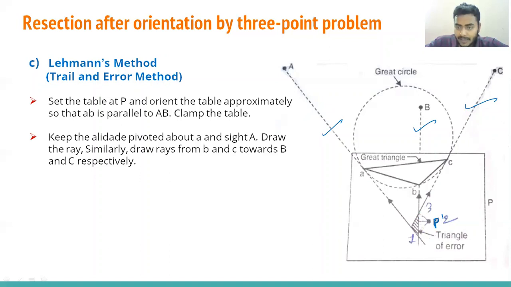Now select P dash according to Lehmann's rule, then pivot the alidade at P dash and sight A. You will get a line like this. Now draw a line like this. This will be a straight line, not like this. And from P, draw a line to C, to A.